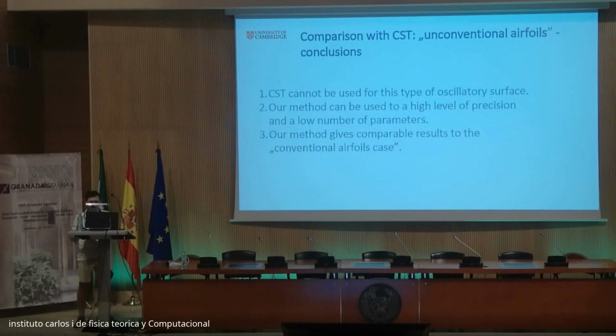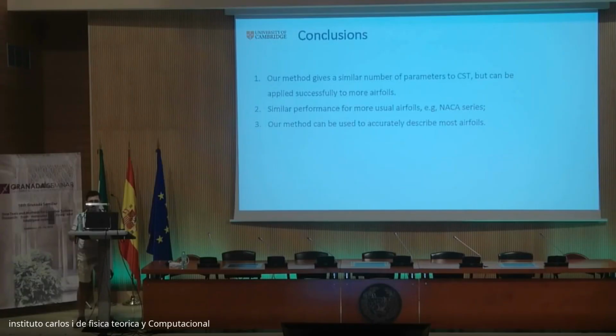For overall conclusions, for most airfoils we get a comparable number of parameters with very good precision, but our advantage is that it can be applied to a much wider range of airfoils, meaning that your search region for your optimum solution is going to be much better.